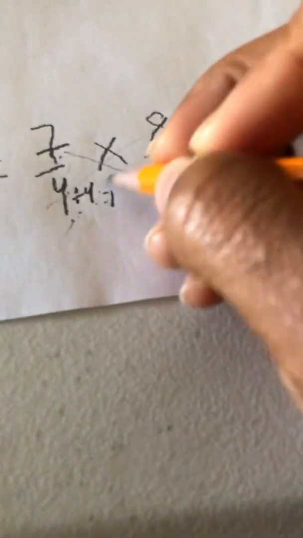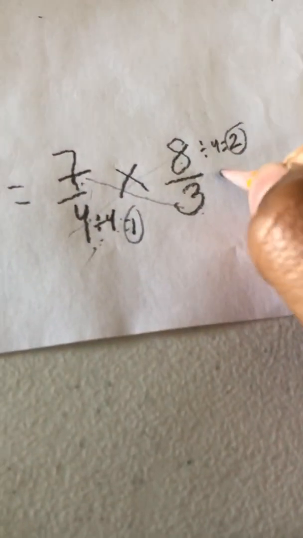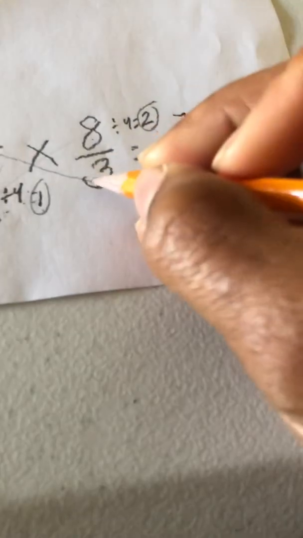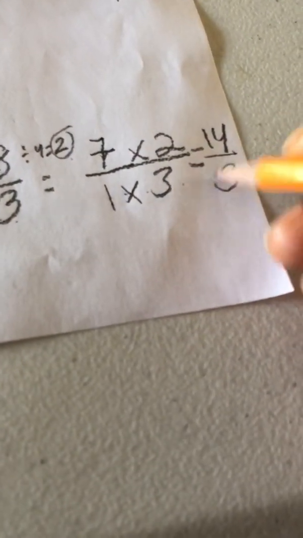So these are our new numbers. So we go over here, write 7 times our new number is 2, and we do our new number is 1 times 3. So we do 7 times 2 is 14. 1 times 3 is 3.